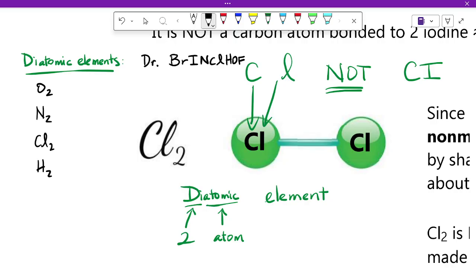So, what is one of the other ones? Br2, bromine. Who else are we missing on our list right now? Fluorine, F2, and iodine, I2.